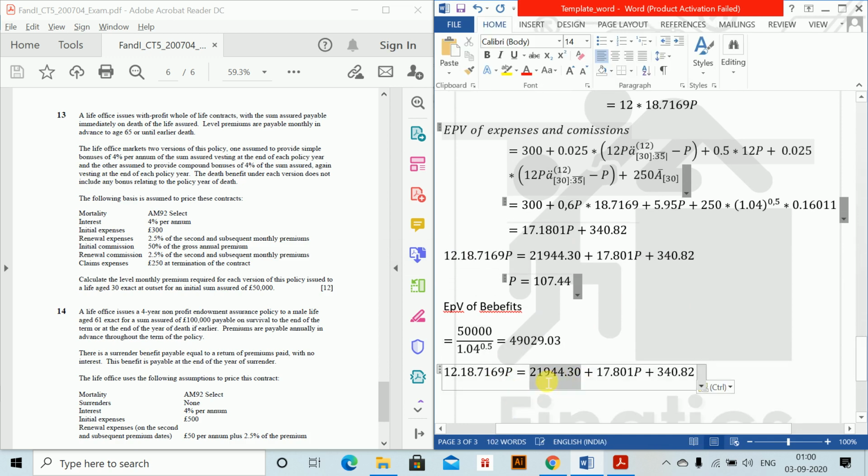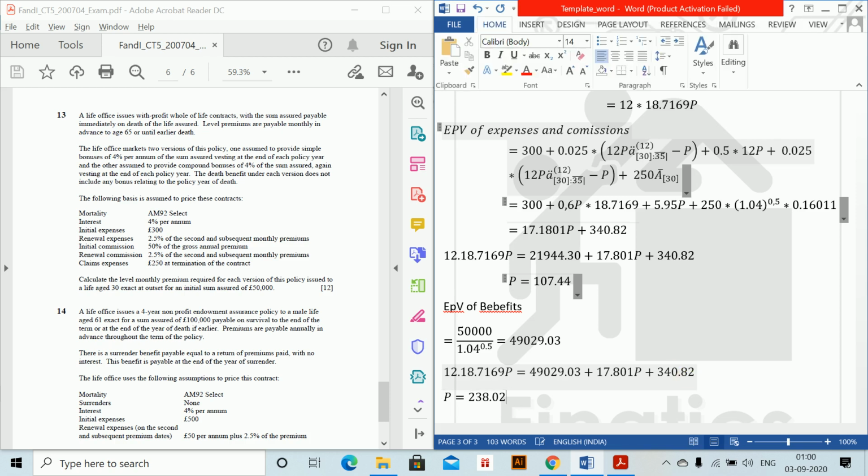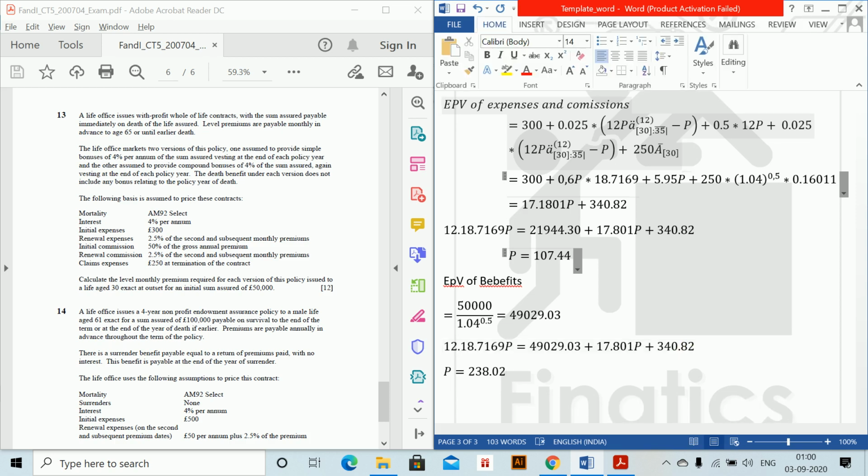Instead of this, just put 49029.03. You have the value of P is equals to 238.02. Okay, so this is how you do this. Thank you.